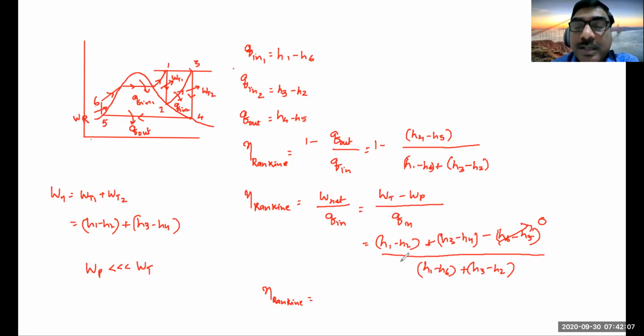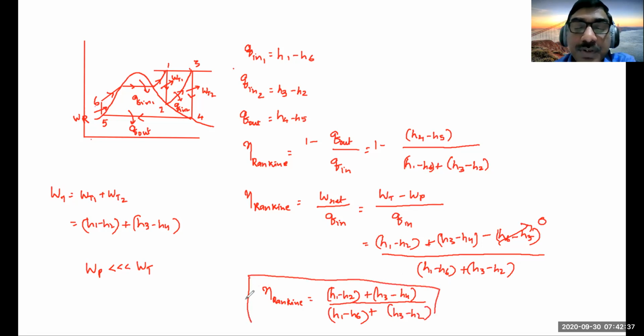If you rearrange the terms, you can get it like this: H1 minus H2 plus H3 minus H4 divided by H1 minus H6 plus H3 minus H2. This is the efficiency of the Rankine cycle.